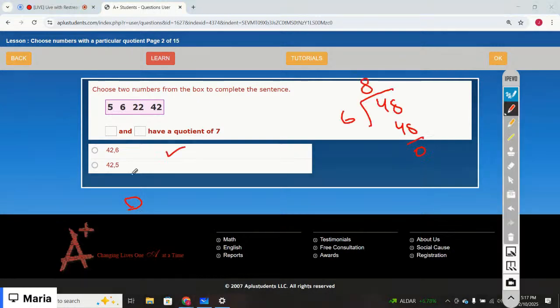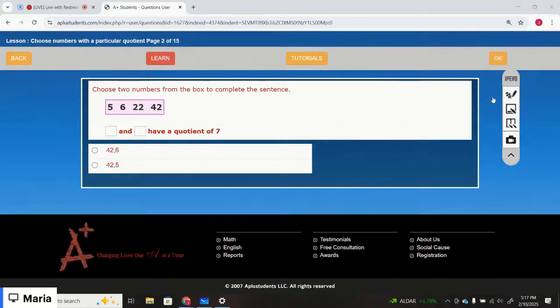Option number 1 is the correct option because 6 times 7 is 42.